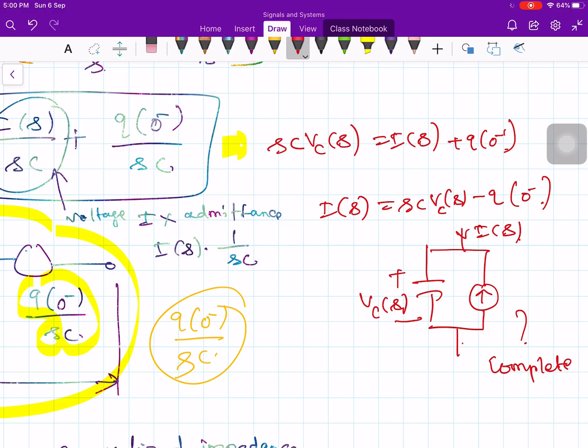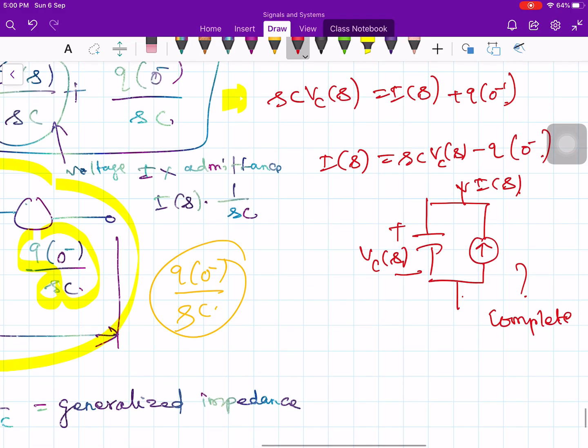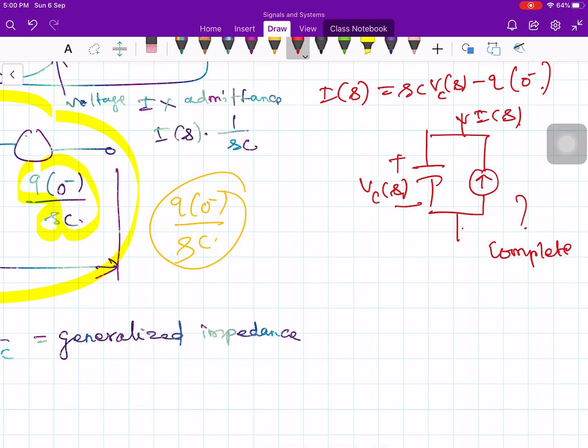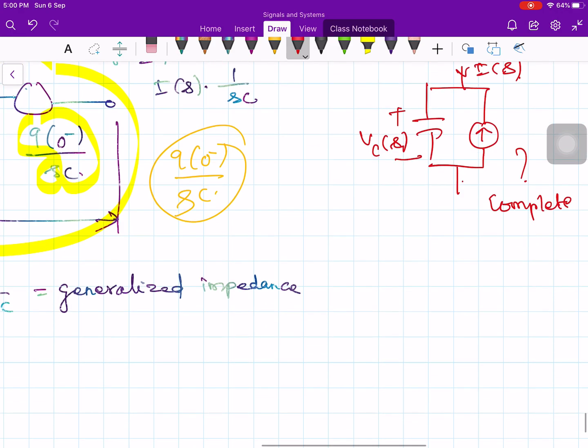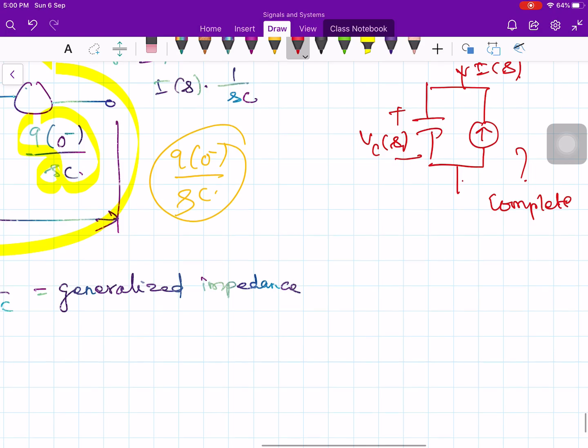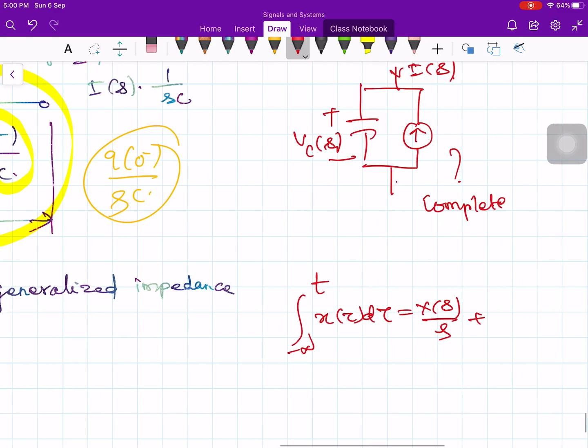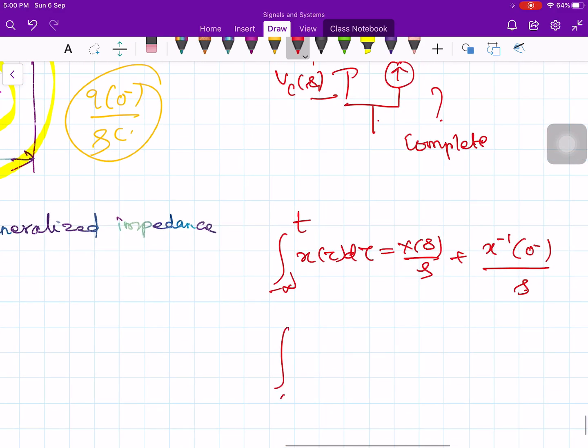Okay. So it is very important now to see that we must distinguish between these two formulas. One is the indefinite integral, minus infinity to t of x of tau d tau, which is equal to x of s by s plus x of minus 1 of 0 minus divided by s. And another one is the definite integral, 0 minus to t of x of tau d tau.